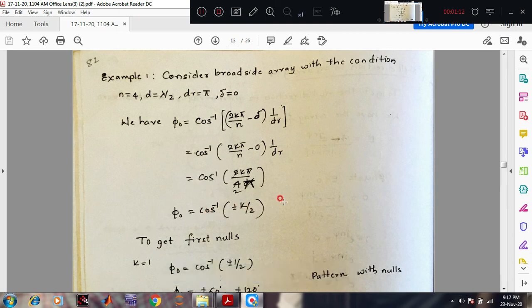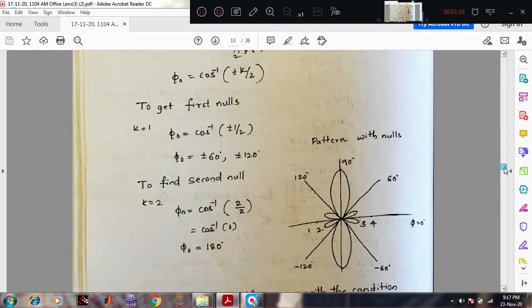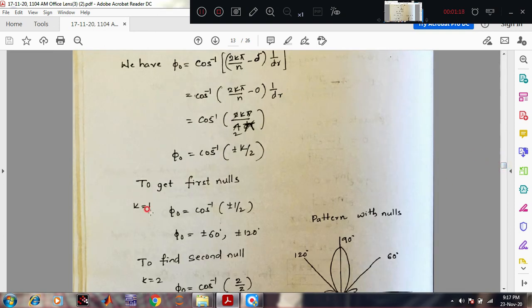Next, to get the nulls' directions, we need to substitute the values of k. If I substitute k value as 1, phi naught will be cos inverse of plus or minus 1 by 2.